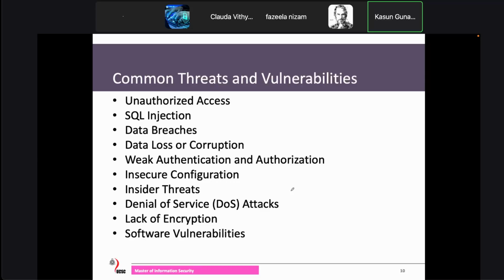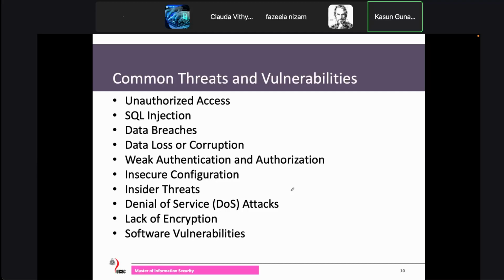Common threats and vulnerabilities. Basically, these are a quite common list of threats and vulnerabilities. So, unauthorized access and data breaches: basically, unauthorized parties or individuals gain unauthorized entry to the database system or data.